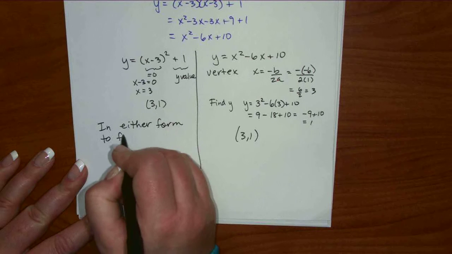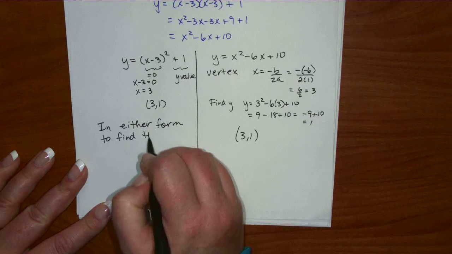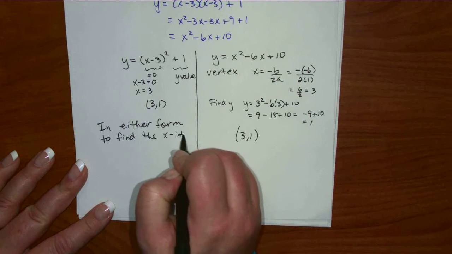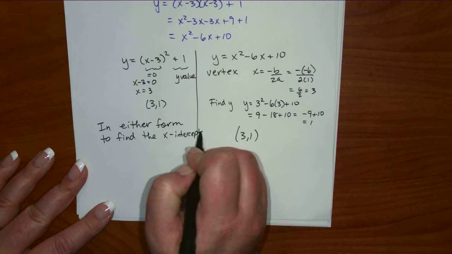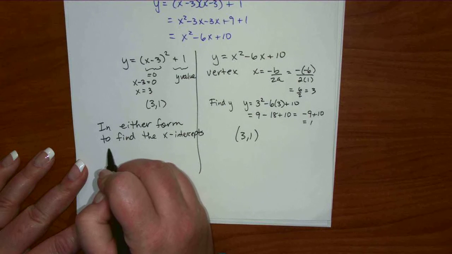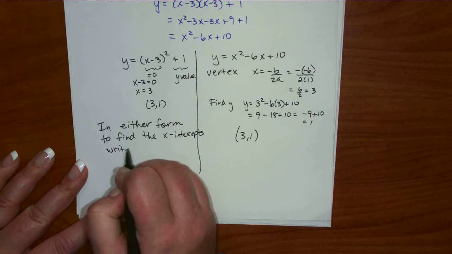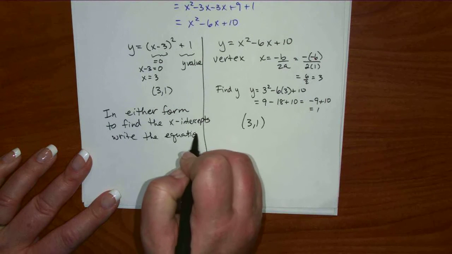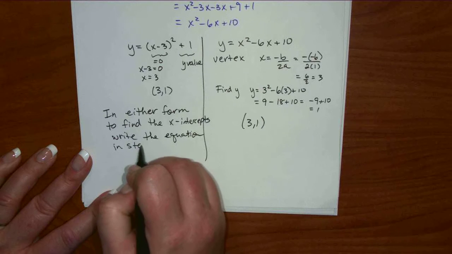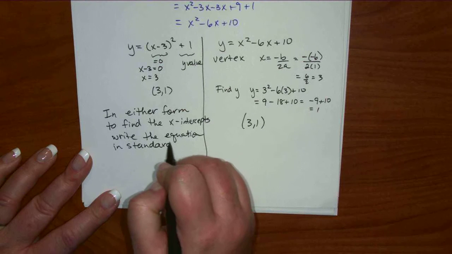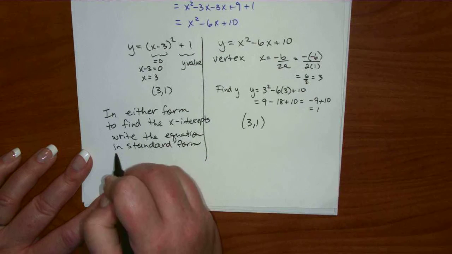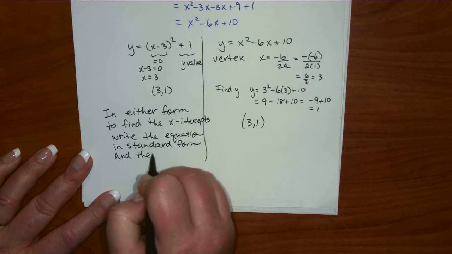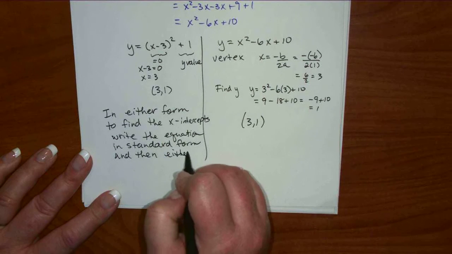To find the x-intercepts, write the equation in standard form, and then either factor or use a quadratic equation.